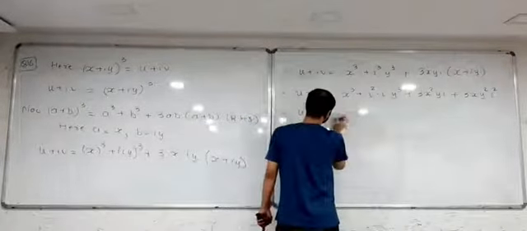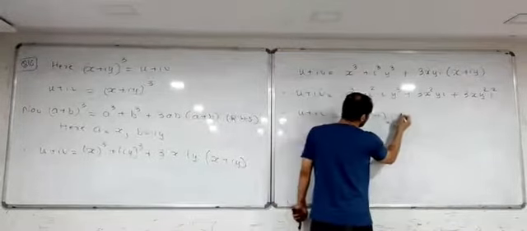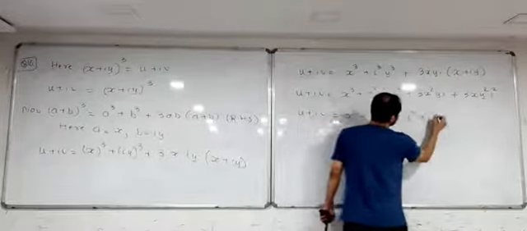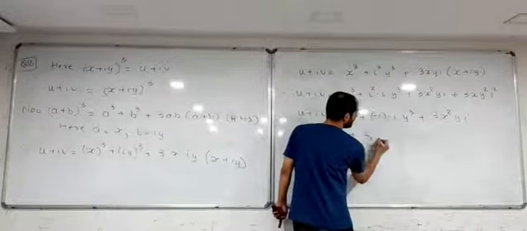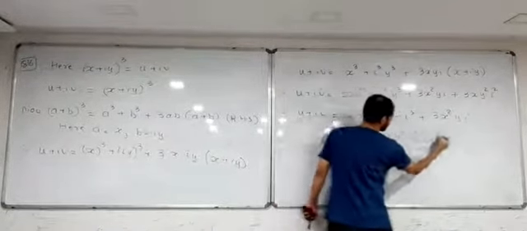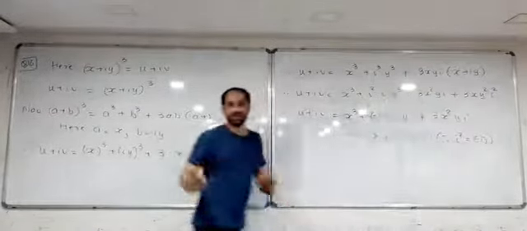Okay, now we substitute i square की जगह पे -1, तो कितना आएगा? x cube plus -1 into i into y cube plus 3x square yi plus 3xy square into -1. It's a good habit to mention i square is equal to -1.